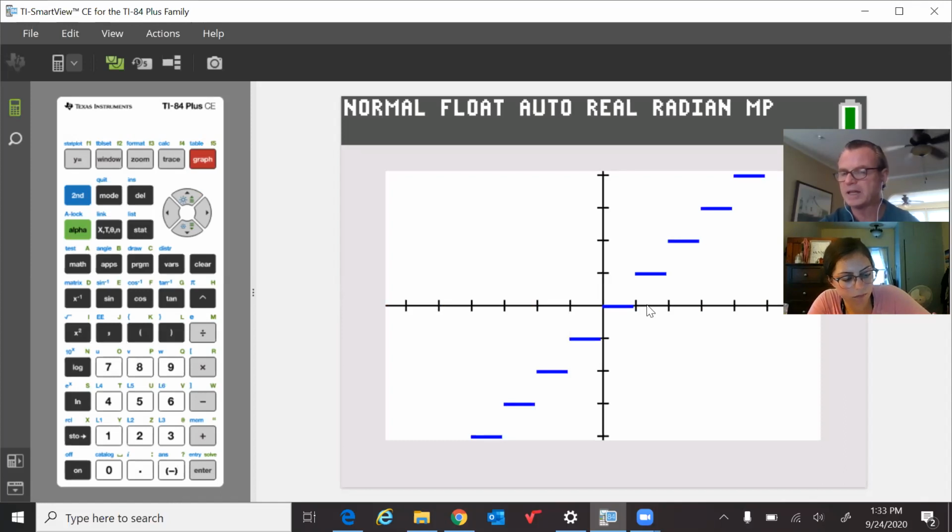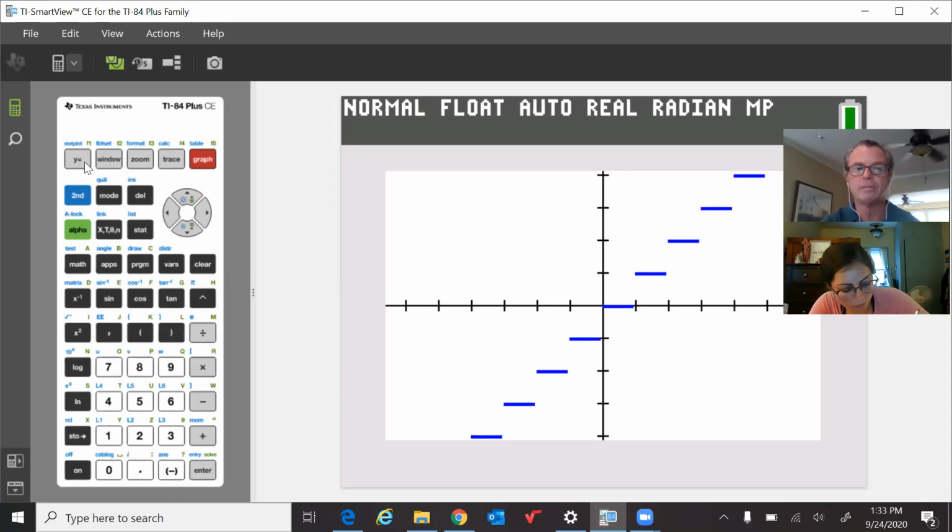That makes sense? On the x-axis, my input's 1.4. The height gets rounded down to 1. Next greatest integer below my input. I'm at 1.9. It's still 1 because it rounded it down. Once I hit 2, it goes up to 2. So that's your step function.